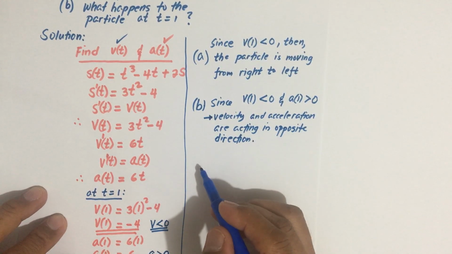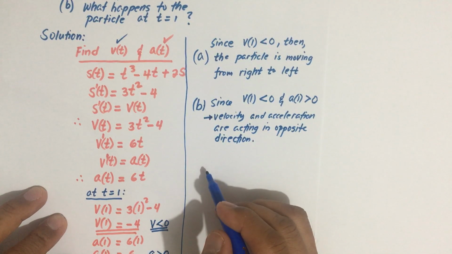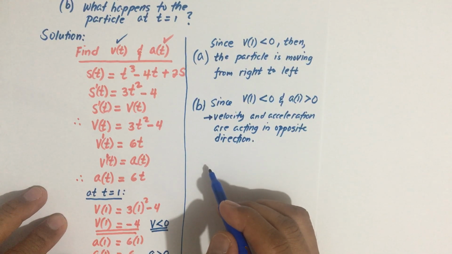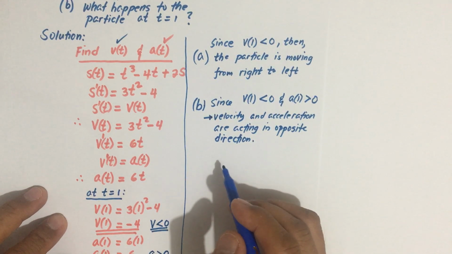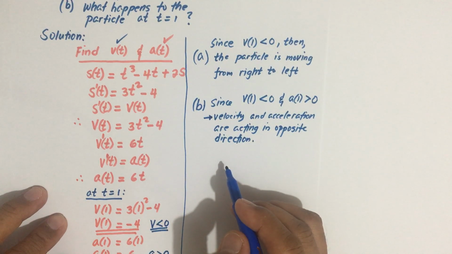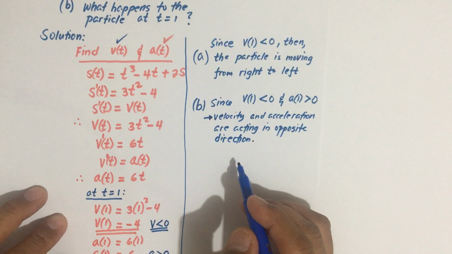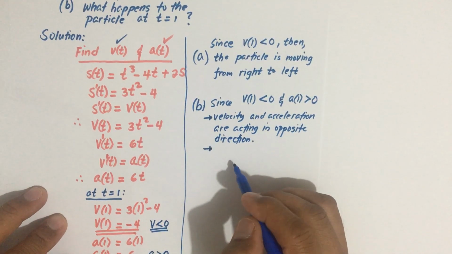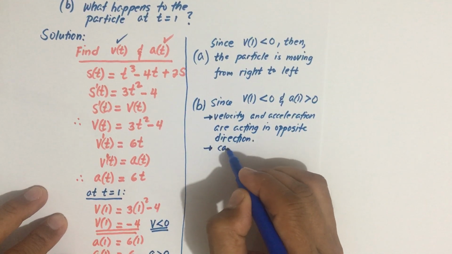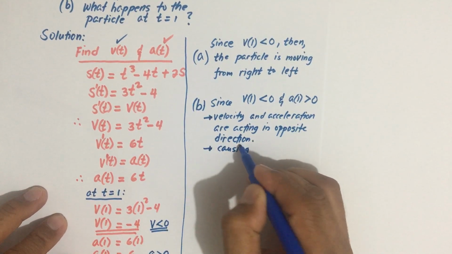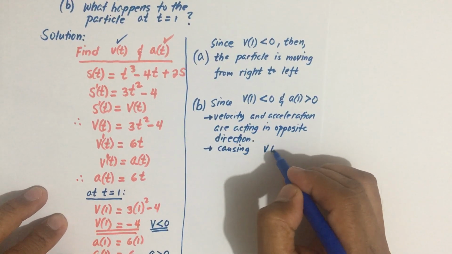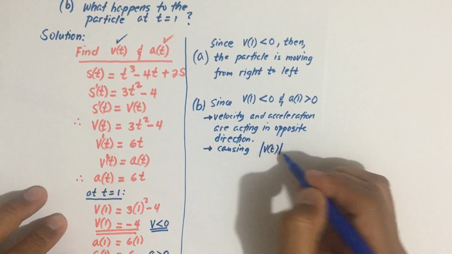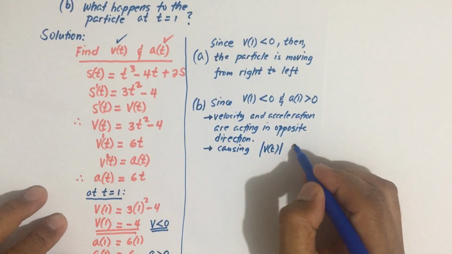So this scenario tells us that the particle is being accelerated in the direction opposite the direction in which it is traveling, causing the magnitude of the velocity to decrease.